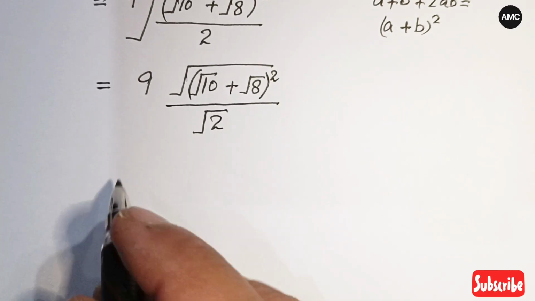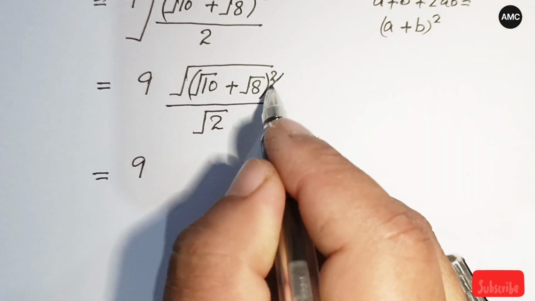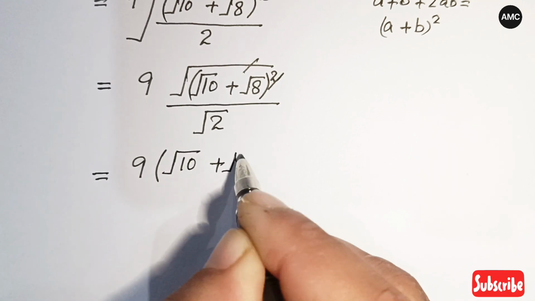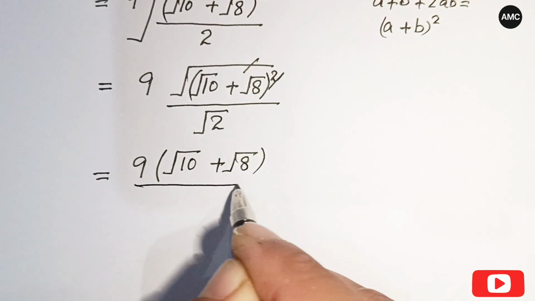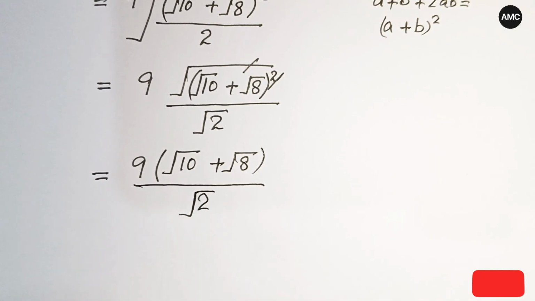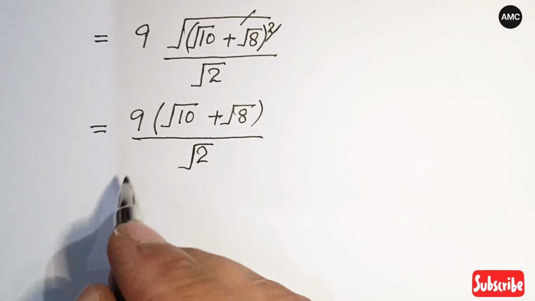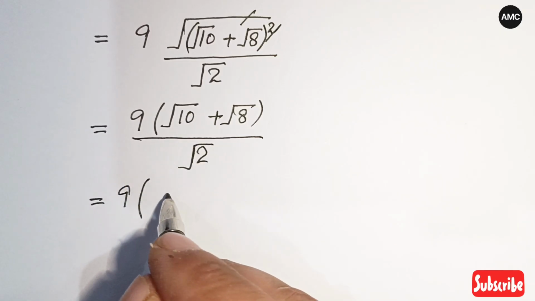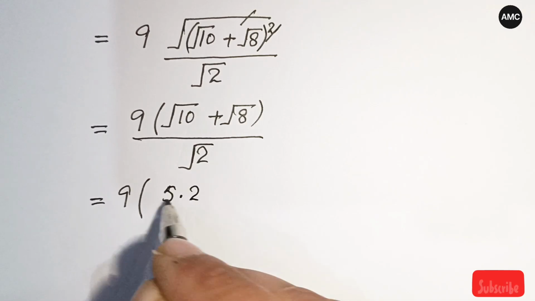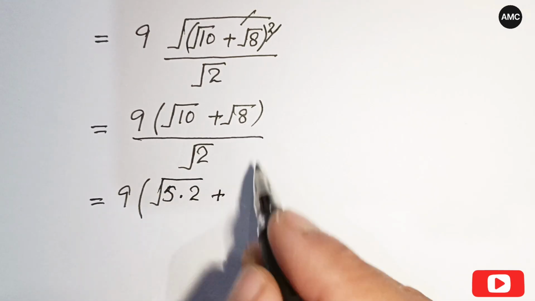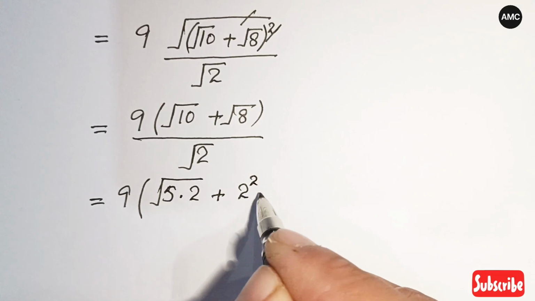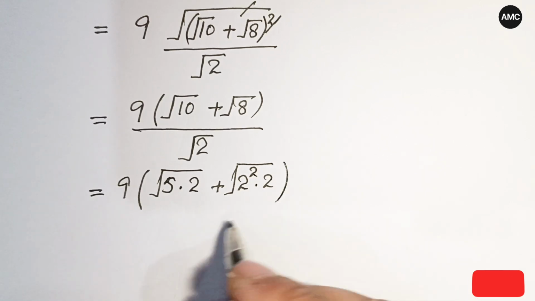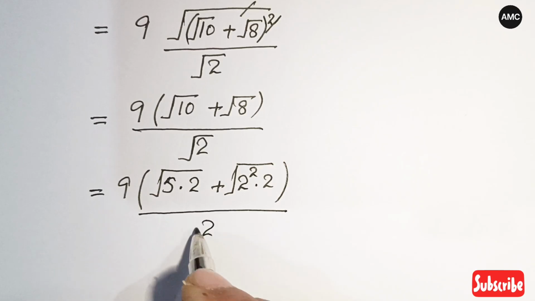Now 9 times, this square is cancelled out with the square root, we have square root of 10 plus square root of 8 all over square root of 2. Here our next step will be 9 times square root of 10 can also be written as square root of 5 times 2, and 8 can be written as 2 squared times 2, all over square root of 2.